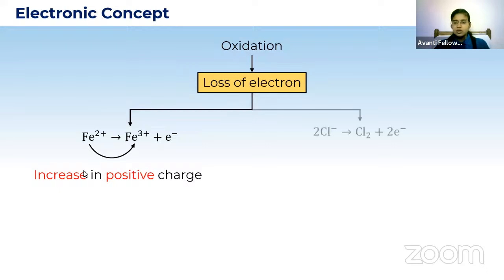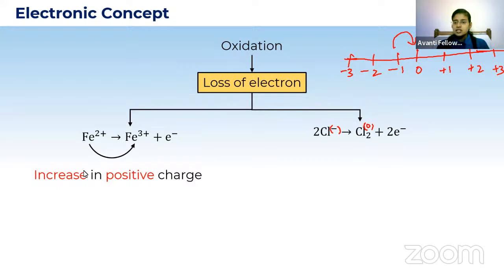Okay, so we will take one more example. Here you see, I have two Cl- and they are losing 2 electrons and forming Cl2. Here the charge of chlorine is -1 and here the charge of chlorine is 0. On the number line, we have 0, -1, -2, -3, etc., and on the other side +1, +2, +3, etc. So here chlorine is moving from -1 to 0.